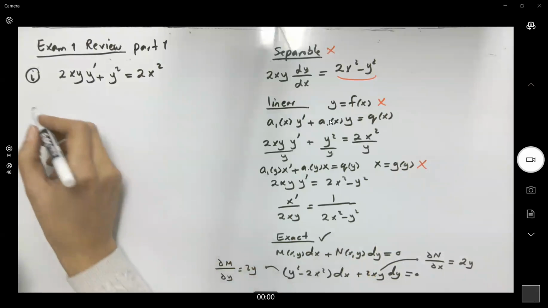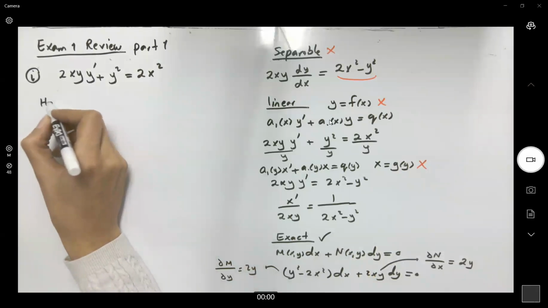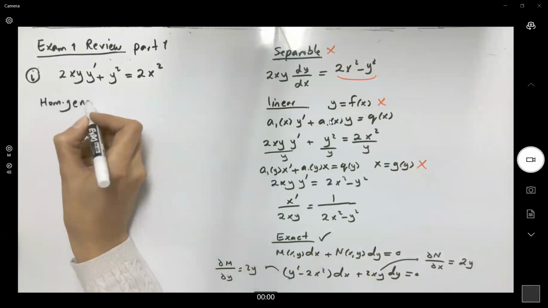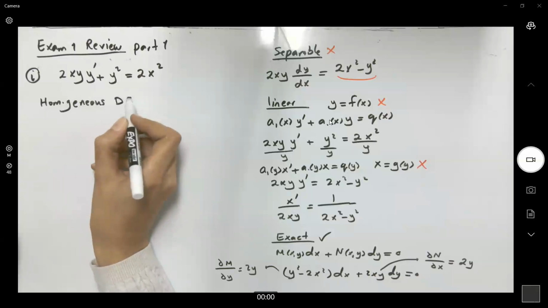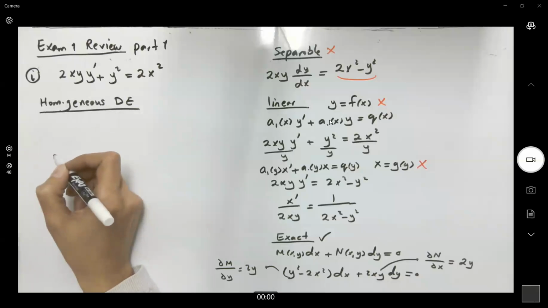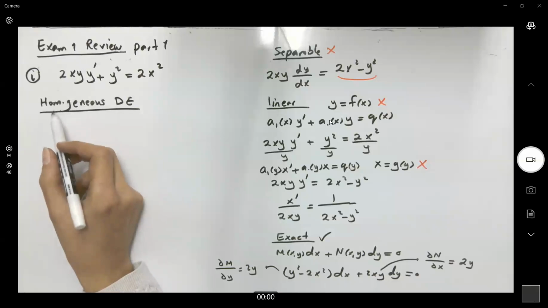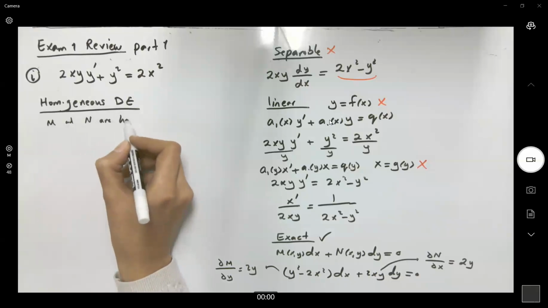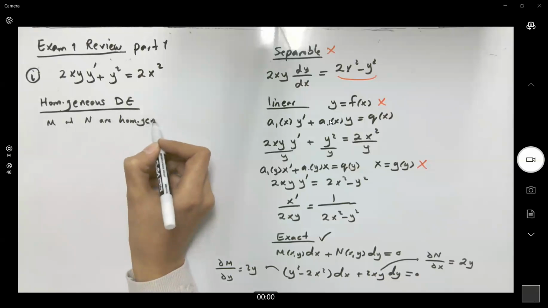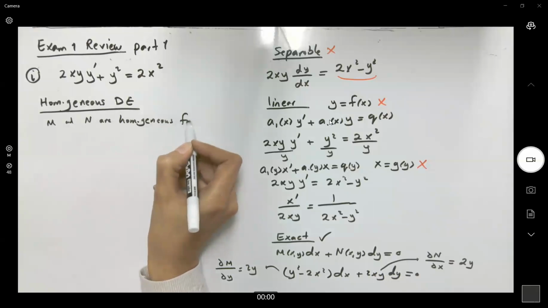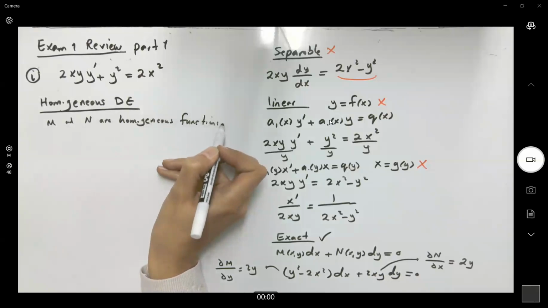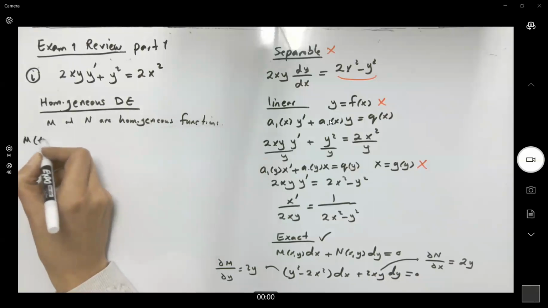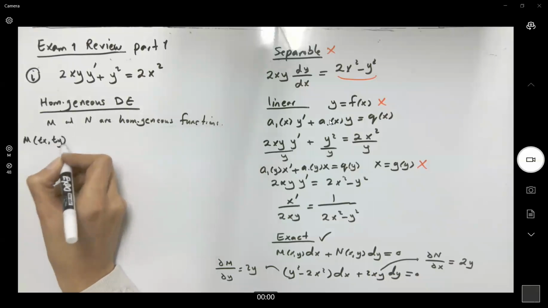What about a homogeneous differential equation? Well, to have a homogeneous differential equation, we should check to see if M and N are homogeneous functions. Okay, so M of tx and ty.